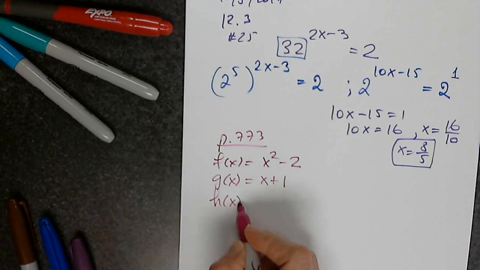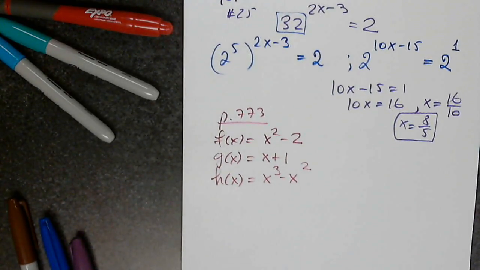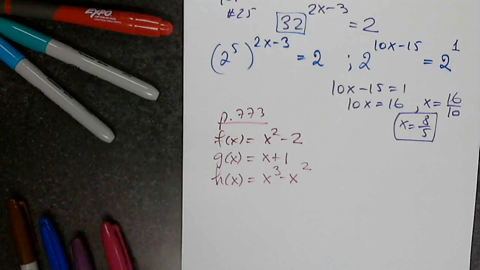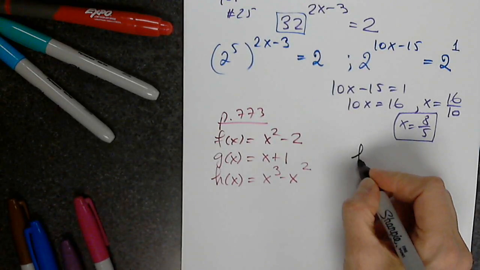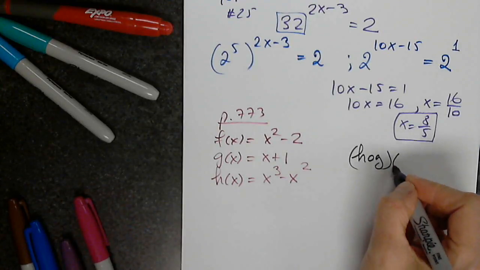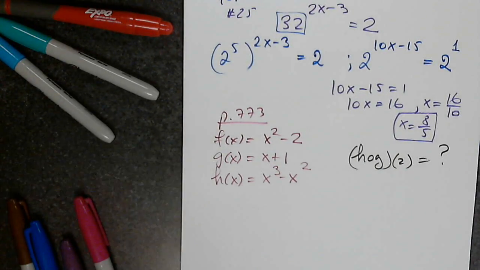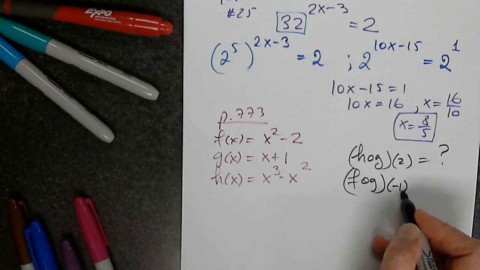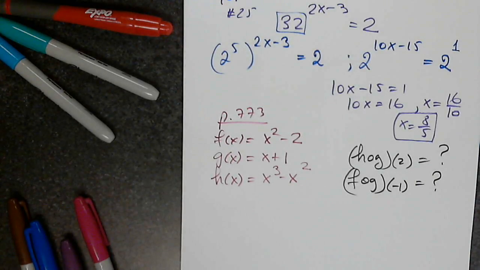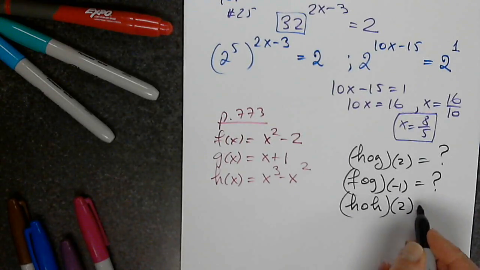We are given h of x, which is x cubed minus x squared. And we're asked to find the function composition, and I'm going to choose a couple. h comp g of 2, that's one question. f comp g of negative 1, and h comp h of 2.